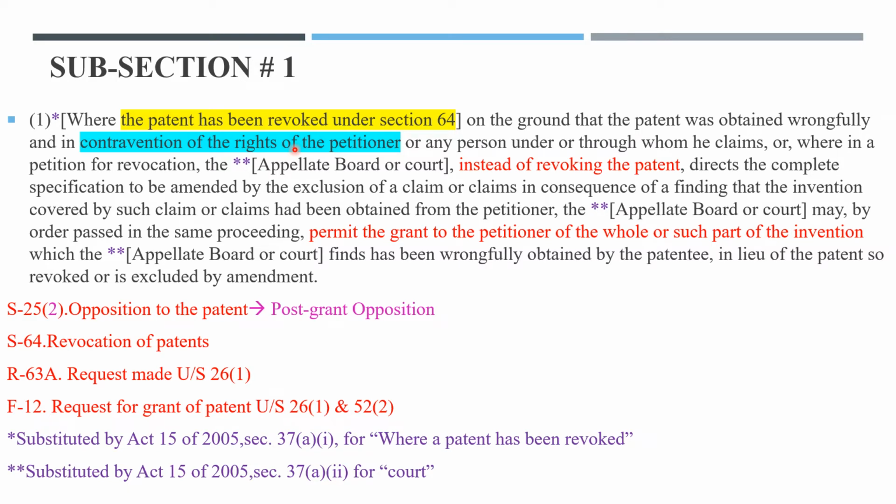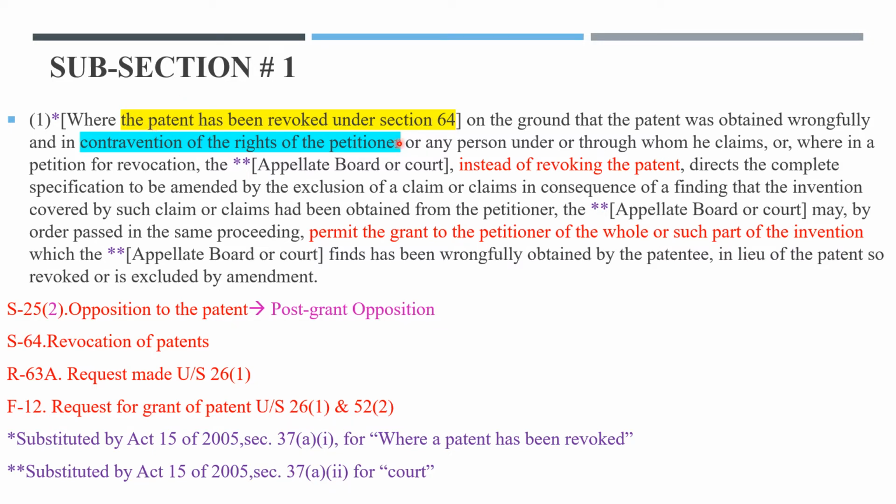So you can see here, friends, it is mentioned here the patent has been revoked under Section 64. Okay. We can say particularly when we go to Section 64, subsection 1 and clause C, there we can find. Okay. So I'm reading it again.